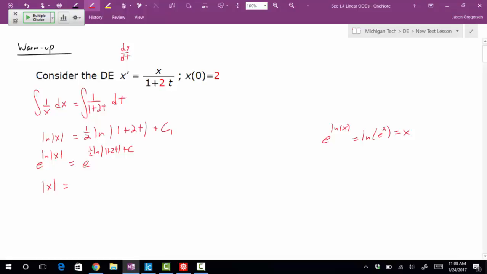So first one, x raised to the a times x raised to the b is x raised to what power? A plus b. And so in this case, I'm going the other direction. I have the sum in the exponent, but I can rewrite that as e to the 1/2 the natural log of 1 plus 2t times e to the c.